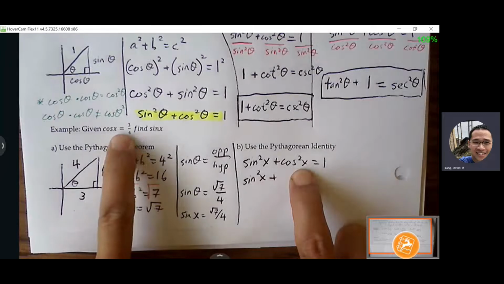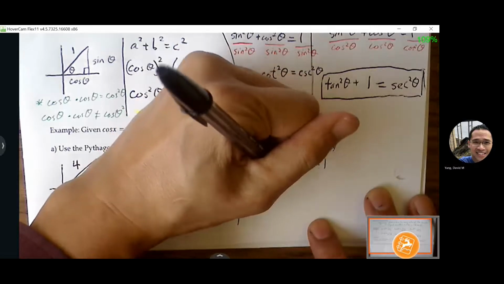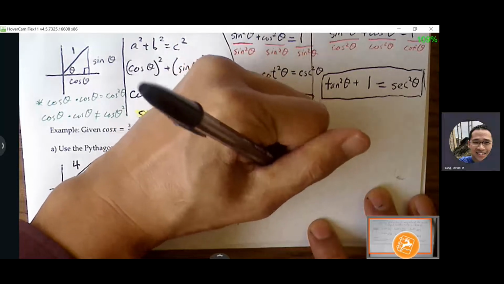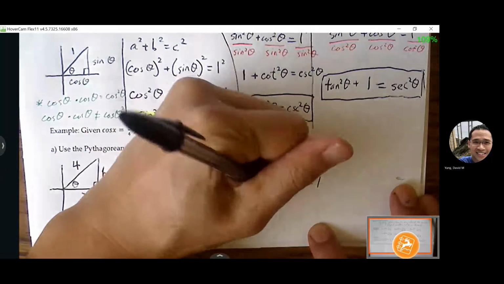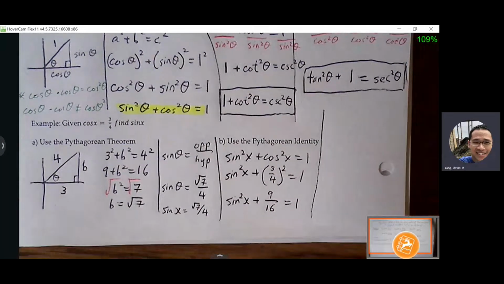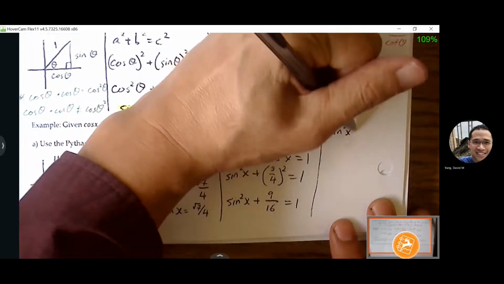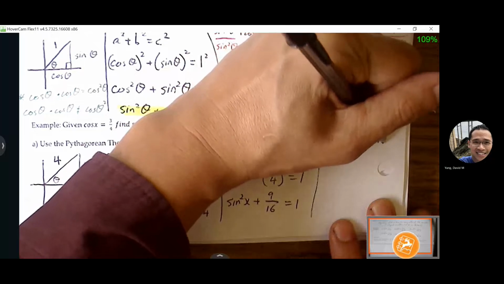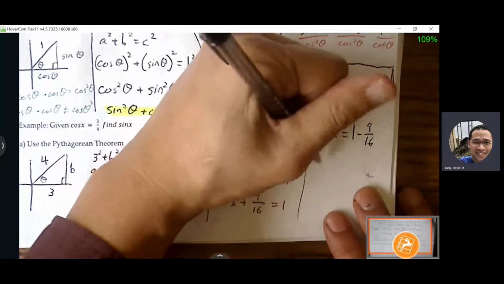Okay, so cosine is 3/4. I'm going to square that, 3/4 squared. All right, I'm just trying to find sine of x, so I will subtract the 9/16 from both sides, and I can deal with the square root. It's basically 16/16 minus 9/16, which is 7/16.